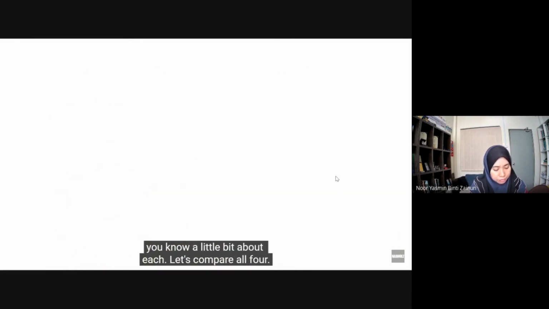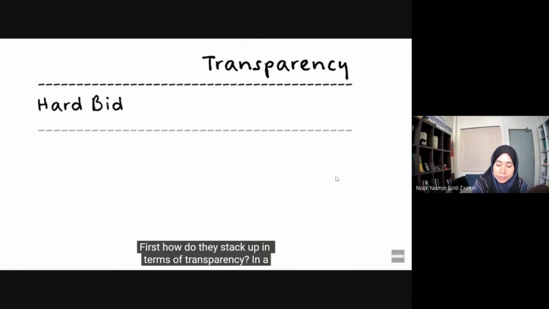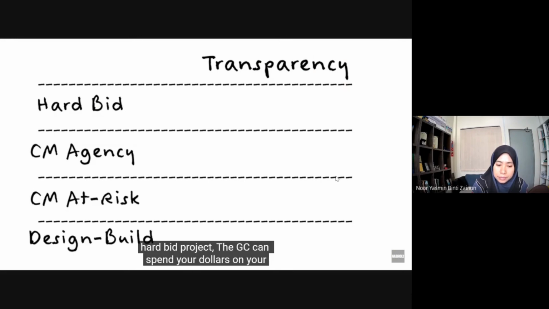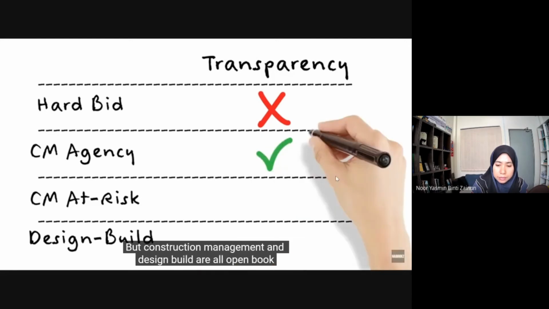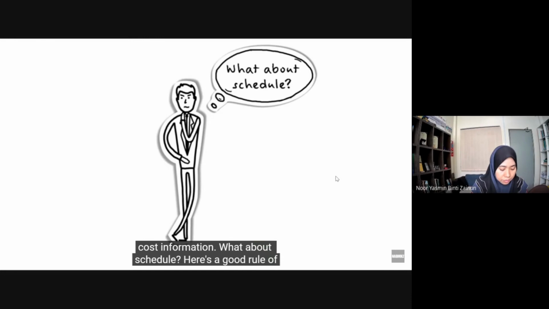Now that you know a little bit about each, let's compare all four. First, how do they stack up in terms of transparency? In a hard bid project, the GC can spend your dollars on your project as he sees fit, without having to report back to you. But construction management and design build are all open book delivery formats, giving you full access to your project cost information. What about schedule?